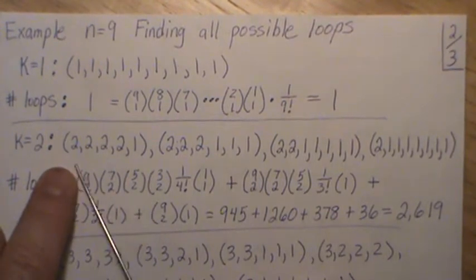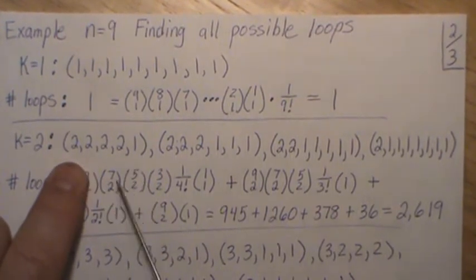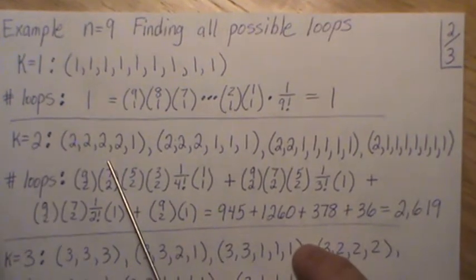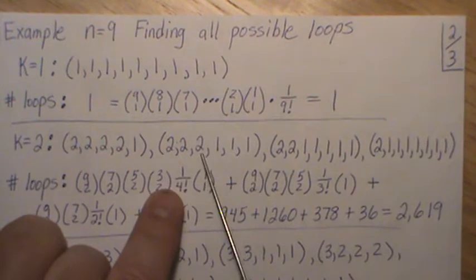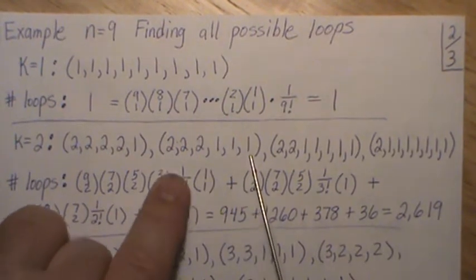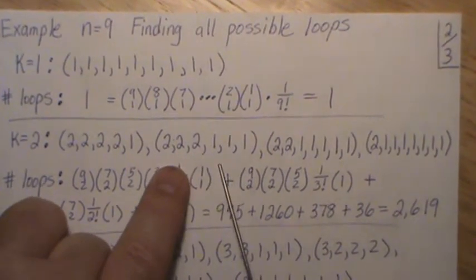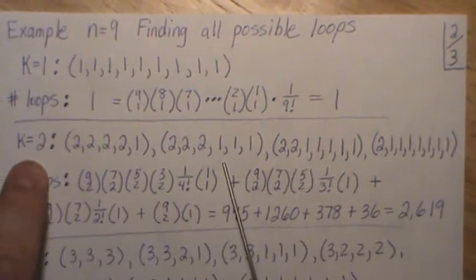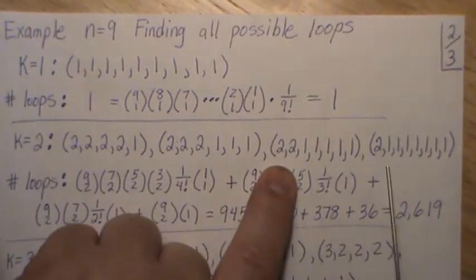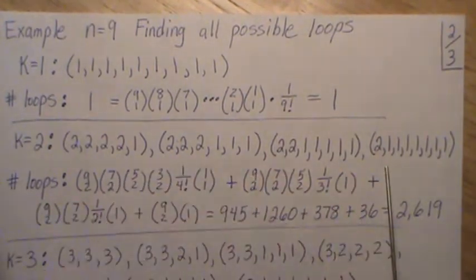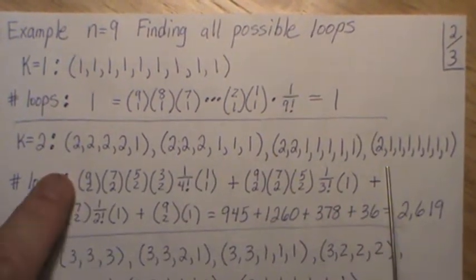This is one scenario that has a maximum of 2. We could also do this, a 2, a 2, a 2, a loop of 1, 1, 1. And this is also a case where the maximum loop size is 2. And this is a case, and this is a case. And it turns out there's only 4 cases, only 4 possibilities.